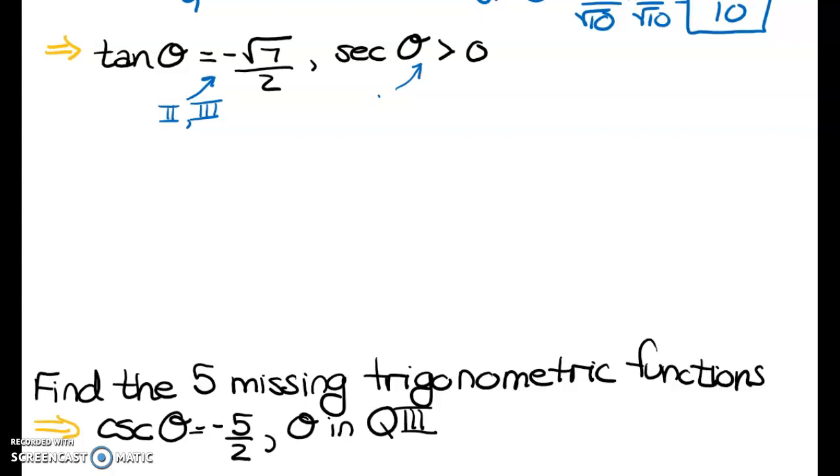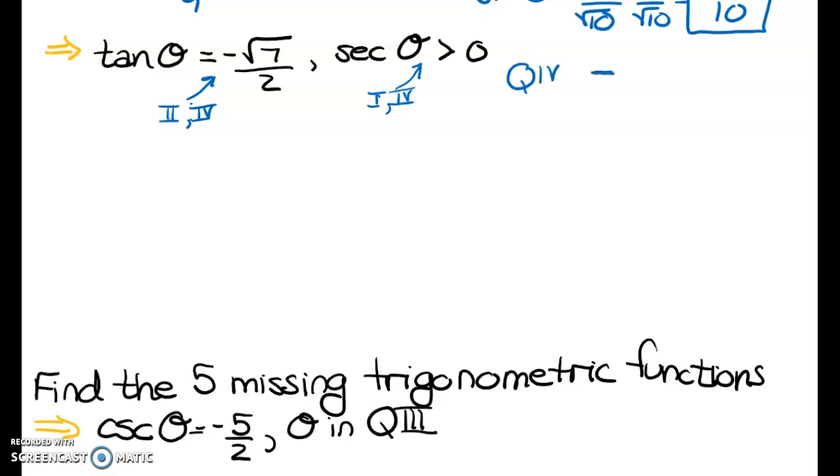Well, secant and cosine are positive in quadrants 1 and 4. Sorry, I had drawn the wrong quadrant here. Tangent is negative in 2 and 4. So this is going to be a quadrant 4 angle, and sine is going to be negative in quadrant 4.